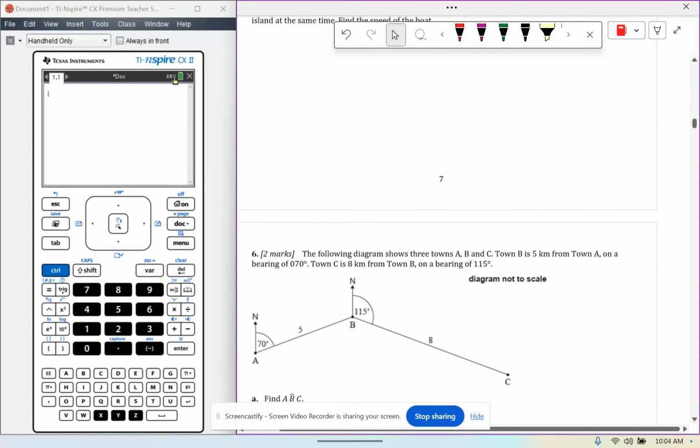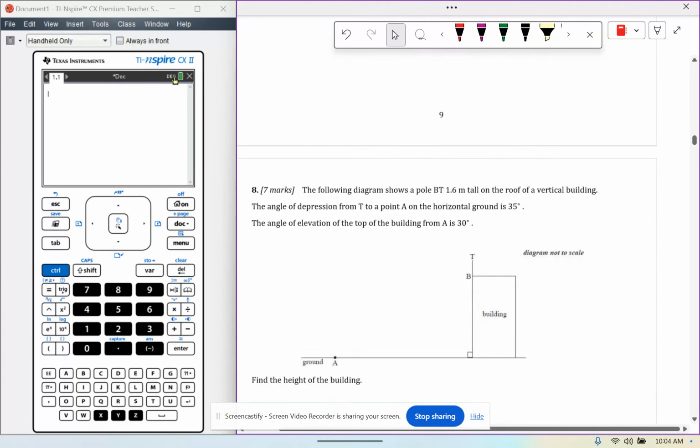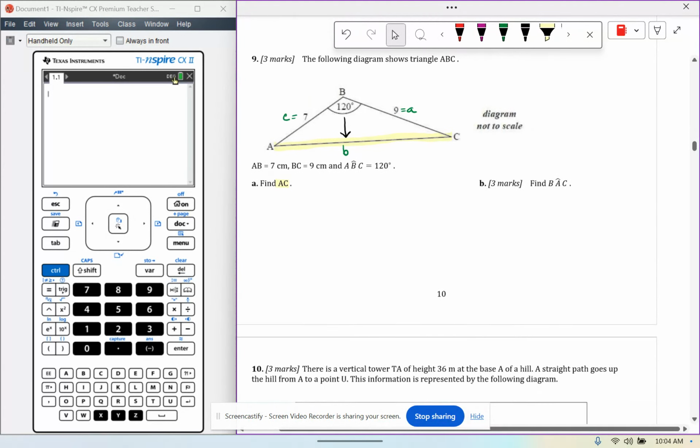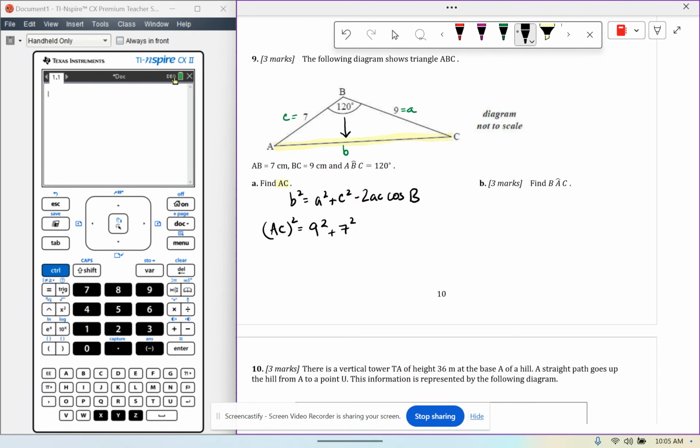So I can just use law of cosine. Here we go. I'm going to write down B squared is equal to the other two squared, minus 2 times the other two, and then cosine of the angle across from the side that I'm looking for. So this is AC squared, and that is going to be equal to A, which is 9 squared, plus 7 squared, minus 2 times 9 times 7 times cosine of B, which is 120.